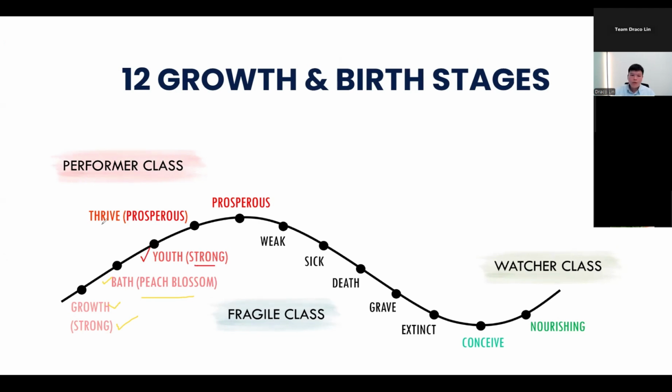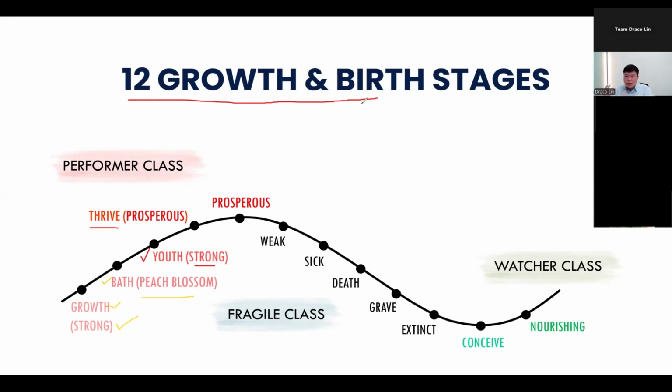Then you move on to thrive. When you thrive, it means you're in very strong, prosperous years in your age, and that's where you're in society. You're able to actually work and get what you want. So that's why the 12 growth stages represent the growth of a human. When you're a baby, then you grow up to be a student.